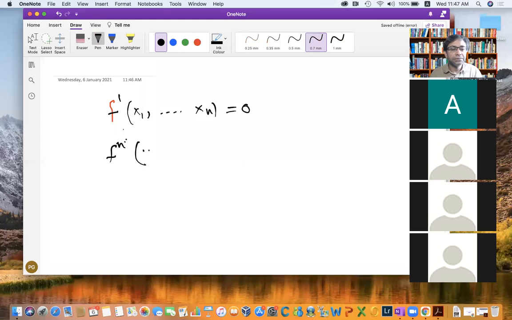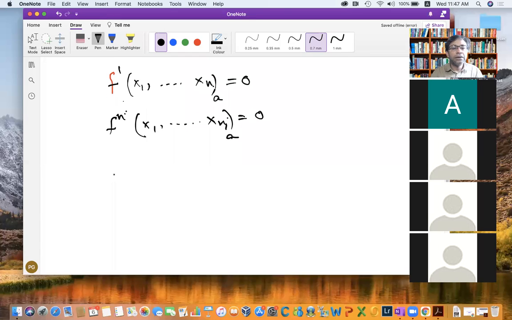This is a system of equations we have, right? And of course, these functions have parameters.